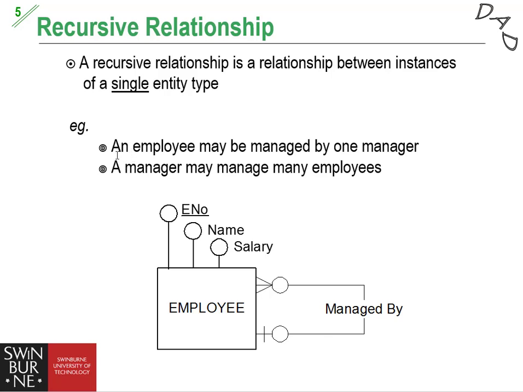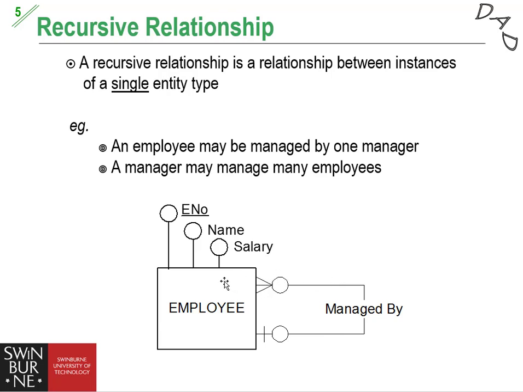schema. An employee may be managed by one employee or one manager. A manager may manage many employees. So we have employees, employee number is the primary key, and we have other attributes. So one employee manages many employees, isn't it?